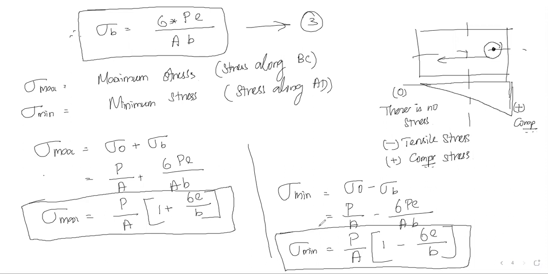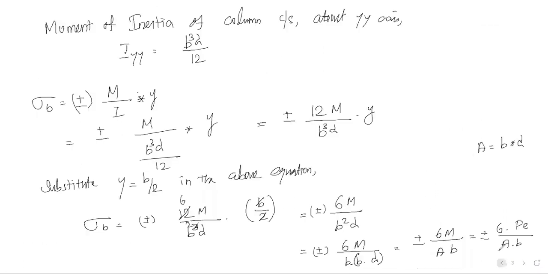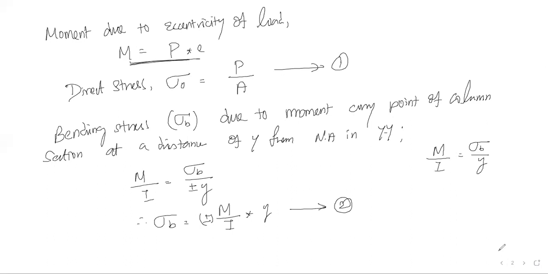So only one axis, the eccentricity of load we can have. So these are all the formulas we are going to use: maximum stress, minimum stress. Then our direct stress becomes P by A. Bending stress becomes M by I into y.